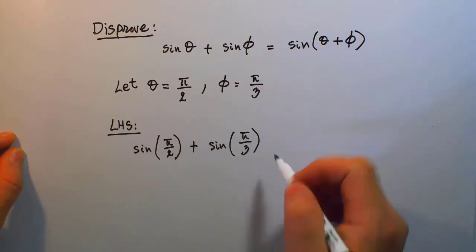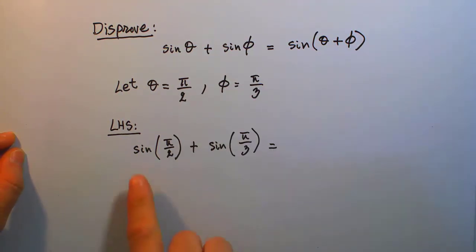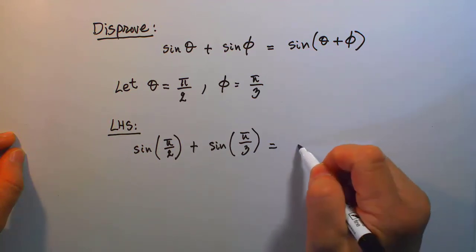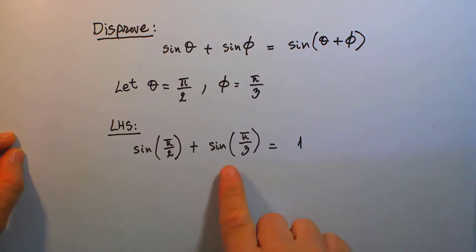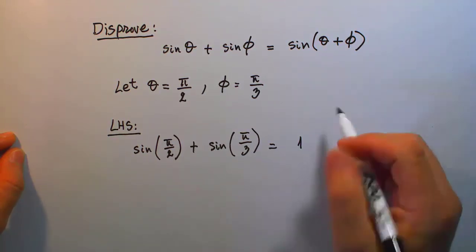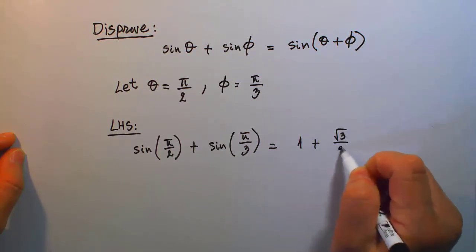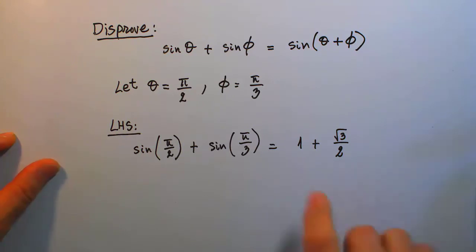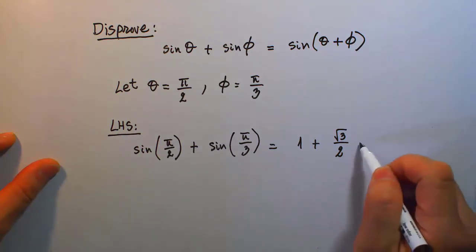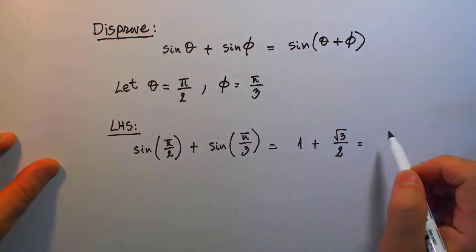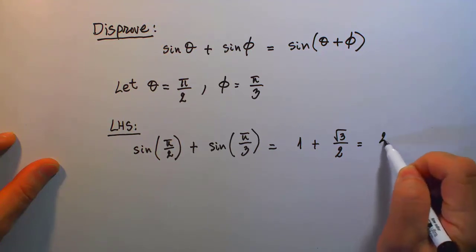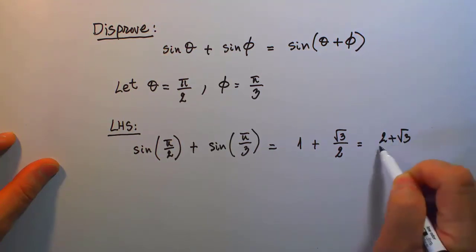So let's now do the calculation. Sine of pi over 2 equals 1. Sine of pi over 3 equals a positive square root of 3 over 2. And then making a common denominator, the left hand side is the exact expression 2 plus square root 3 over 2.